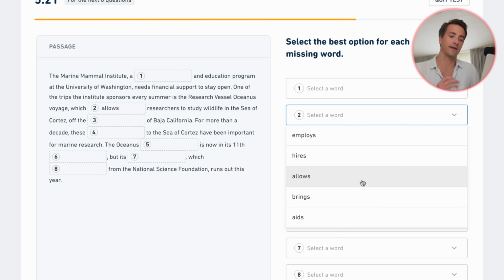So here, again, grammatically, all of these work. These all are grammatically correct, but allows is going to be the most natural one. It's going to be the best one. The reason is it's simply a common phrase, right? Which allows researchers to study. That sort of construction is very common.